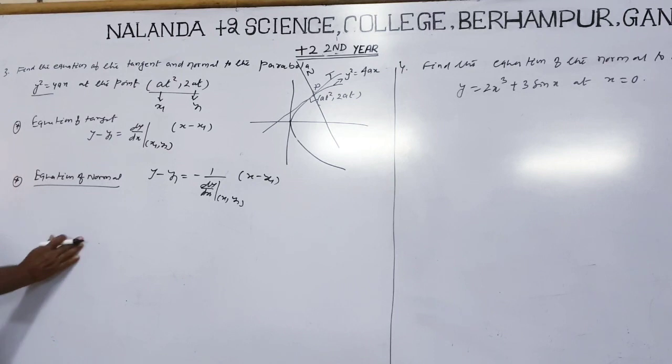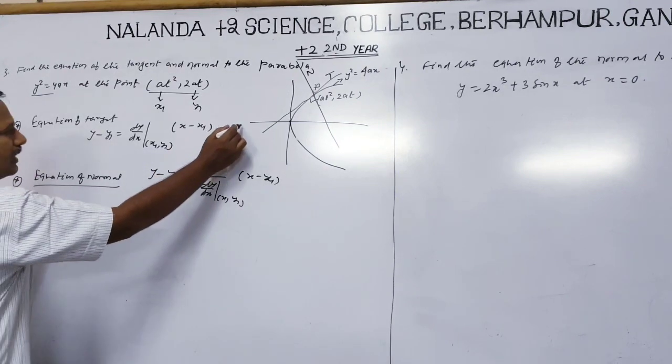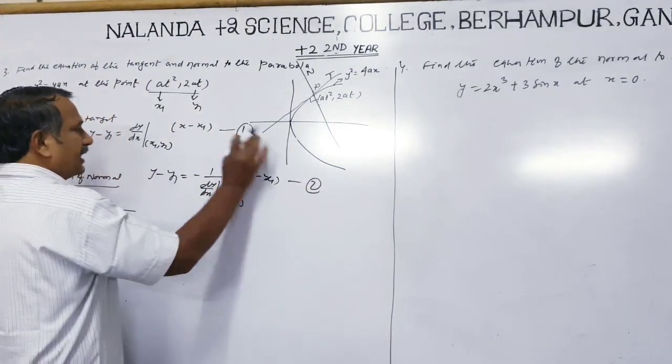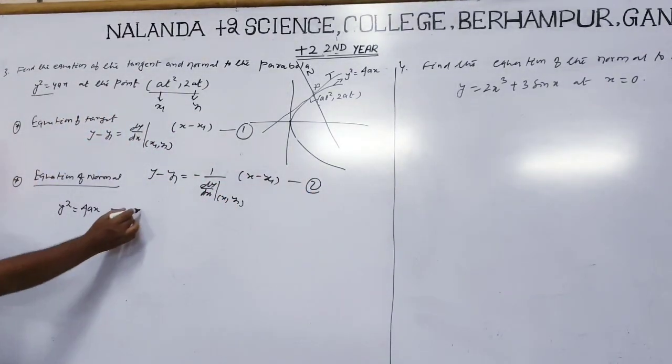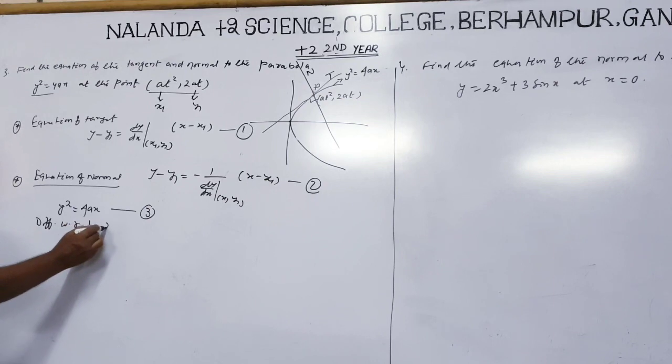Now here given y square equal to 4ax. Let us say this is equation 1, this is 2, and this is 3. Now differentiating with respect to x.